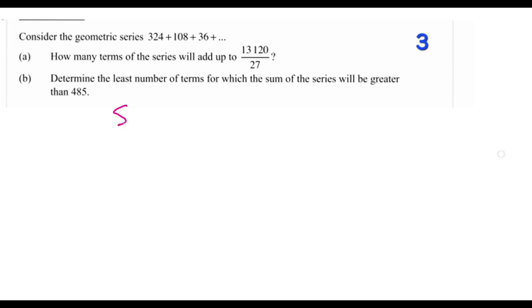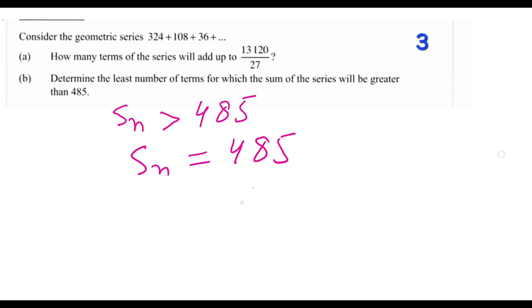So which means Sn must be greater than 485. Now I can equate with greater sign, or I can even equate like this also, Sn equal to 485. Then I find the answer. Then after that I can give the answer greater than 485. So I'm gonna equate.